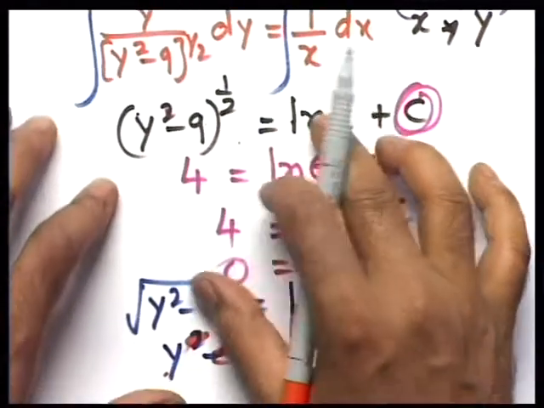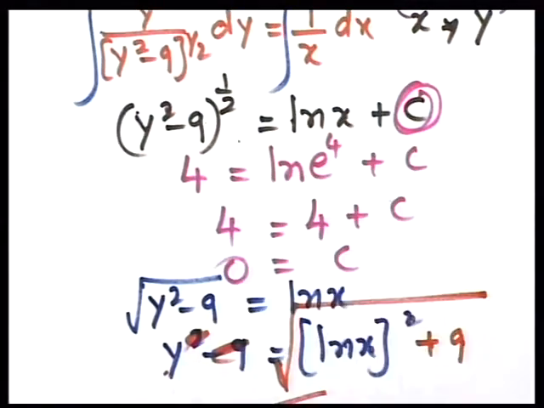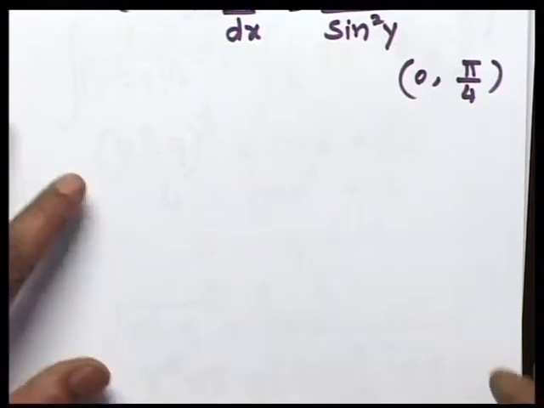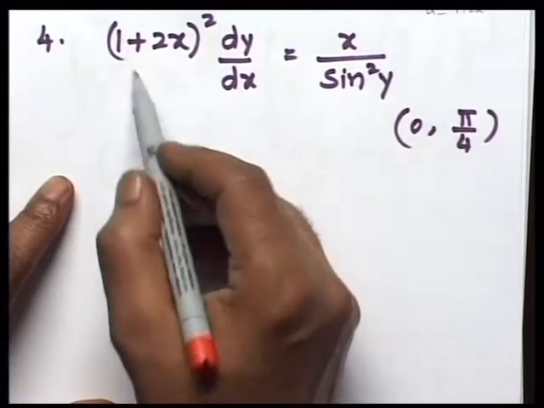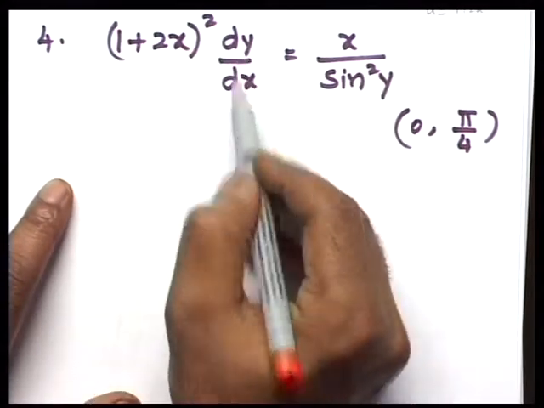We are still solving the first order differential equations, please. Now I'm moving to the examination sums, because we did so many sums of different types. Let's see how the examiners actually give these sums and ask you to solve. So one exam question there: (1 plus 2x) whole square dy over dx is this.